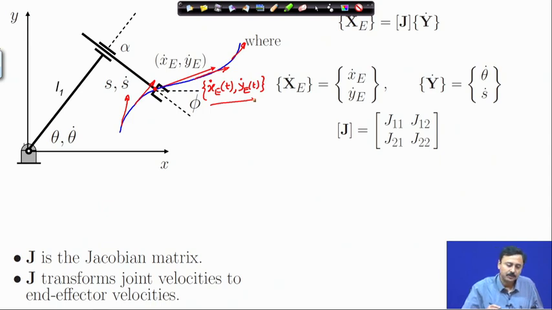Now, how do I find out the joint velocities? So, theta dot and s dot. So, how do I find out theta dot and s dot? So, that will be obviously through the inverse relation.